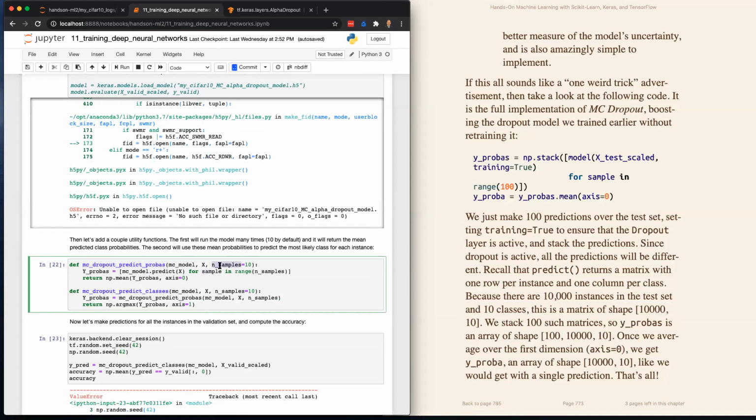I'm not sure what the n samples are he's going to use, but let's keep going. This function takes a model, an input, and how many samples he's going to take, and then he loops through it using the model and predicts those values for the number of samples, and he creates the mean of those probabilities. So that's your MC dropout predict probability.